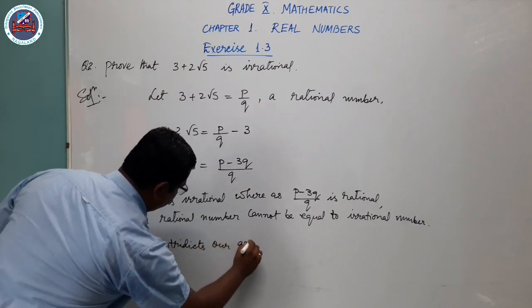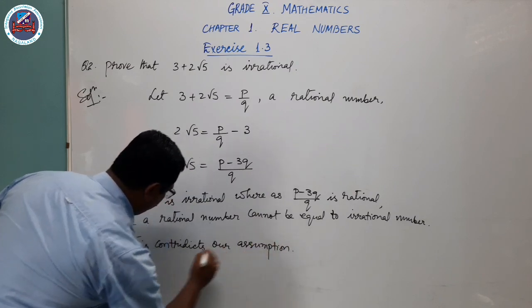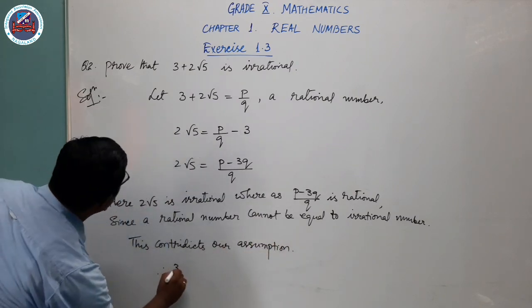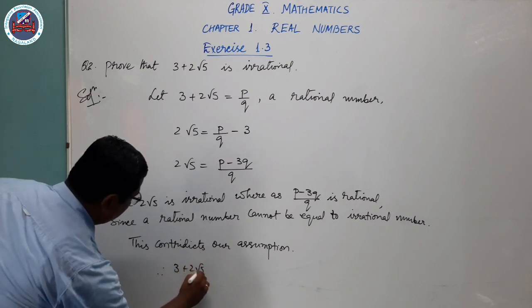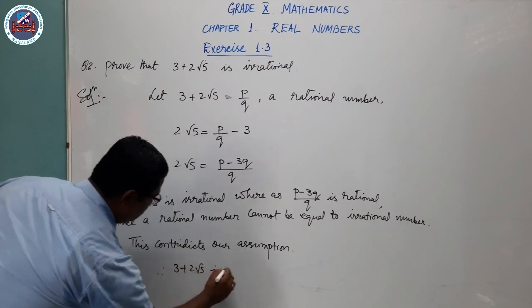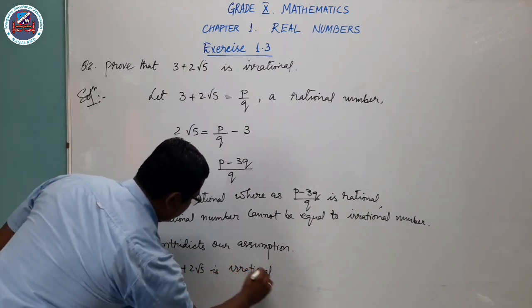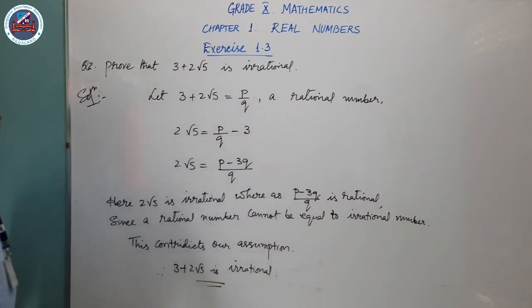Therefore, 3 plus 2 root 5 is irrational. Like this you can prove it.